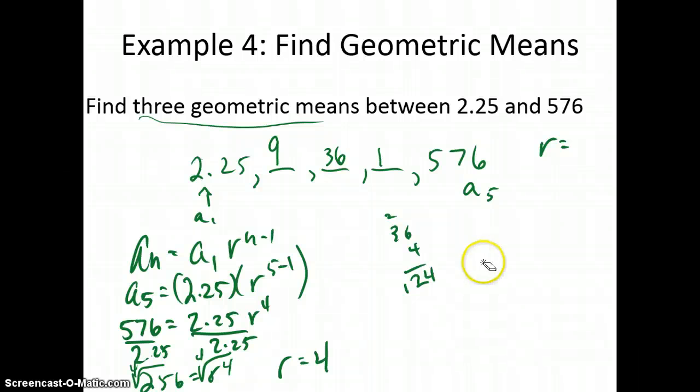Crisis averted. And then we take 144, and we multiply by 4, and we hope that we get 576. And we do, which is good.